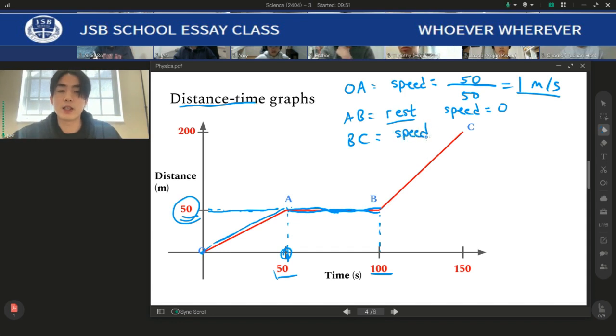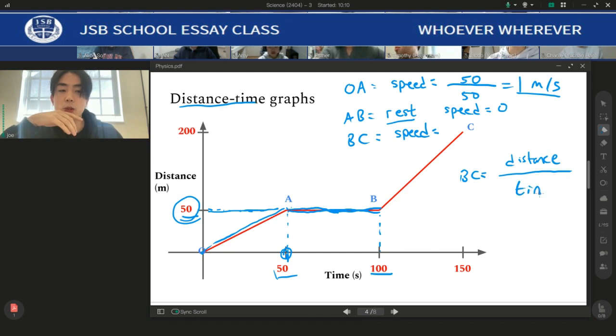Speed is distance divided by time, right? So what distance shall we use and what time shall we use? Distance is 150. Good.